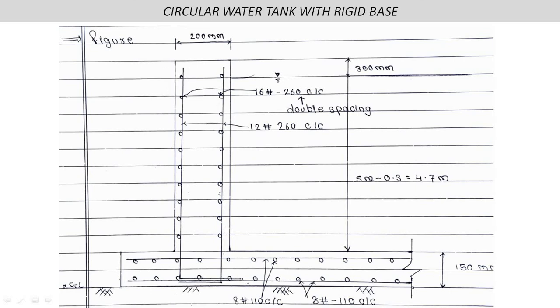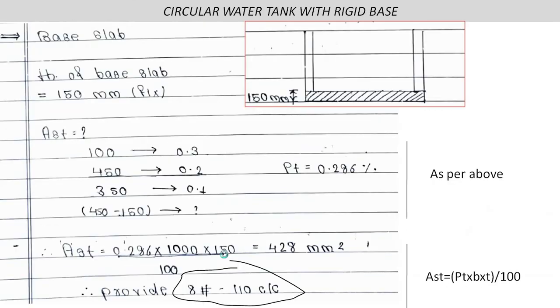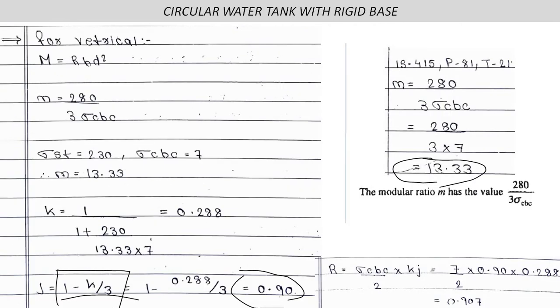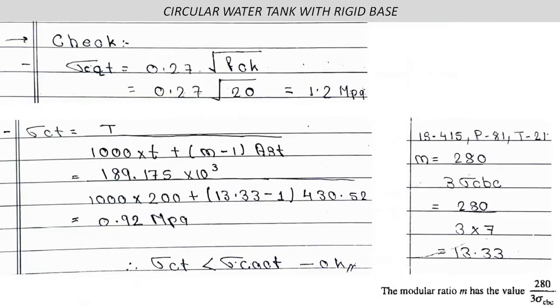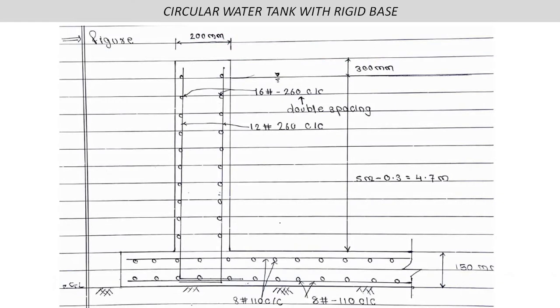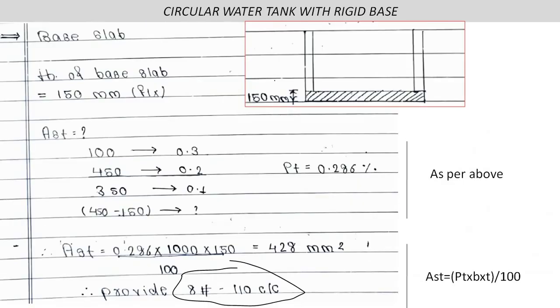First we will see the main reinforcement. For main reinforcement we have provided 16 dia 120 center to center, double reinforcement, and we have to provide it on both faces.